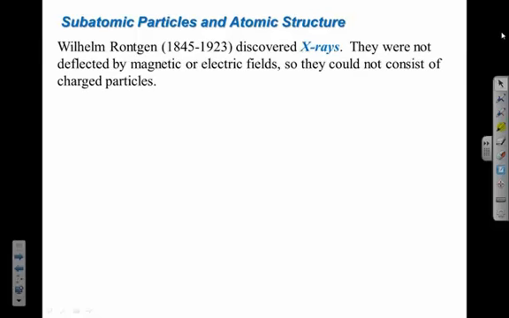Okay. Also, Röntgen and others studied X-rays a lot. At the time, you know how dangerous these high energy forms of radiation were, but X-rays were not shown to be deflected by magnetic or electric fields.